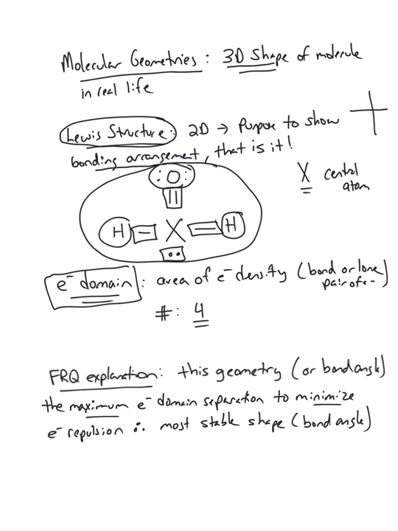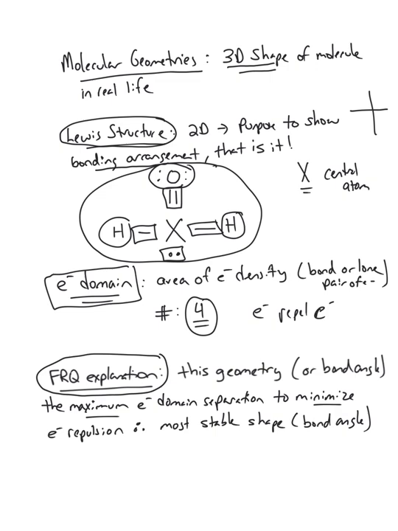So this molecule wants to attain a shape in which we can separate those 4 electron domains as far away as possible because electrons repel other electrons. So we want to get them as far away from each other to reach the most stable configuration. So in an FRQ, sometimes they'll ask you to explain what shape is attained by this molecule and why.